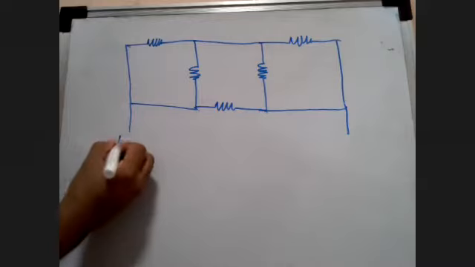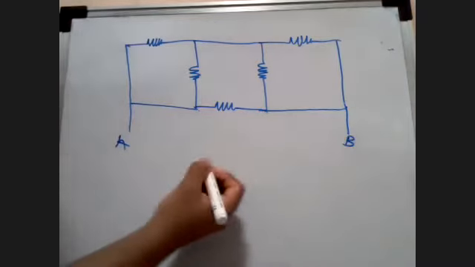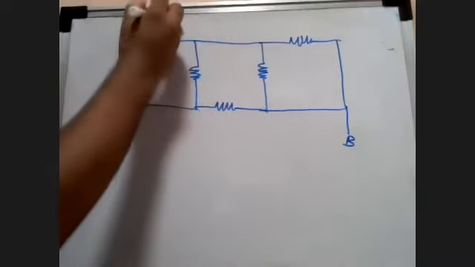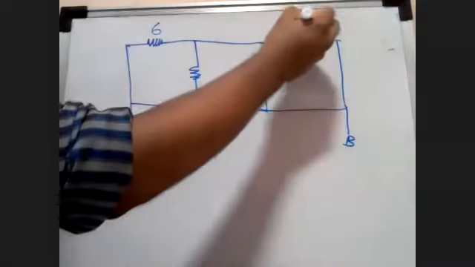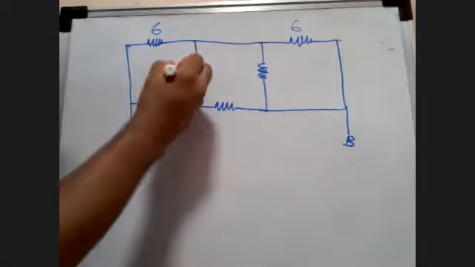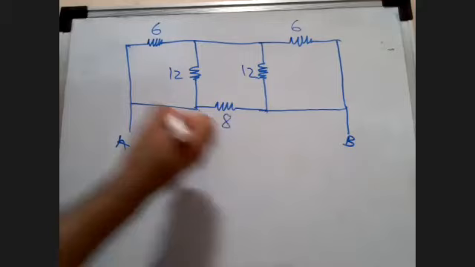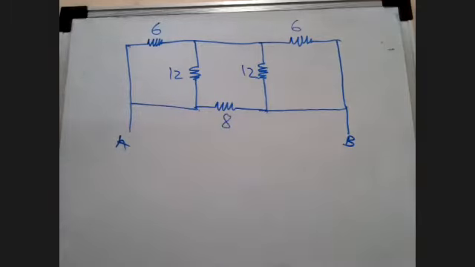Tell me the equivalent resistance between A and B, if the resistances are 6 over here, another 6, a 12, another 12, and an 8 ohm. Find the equivalent resistance between A and B.